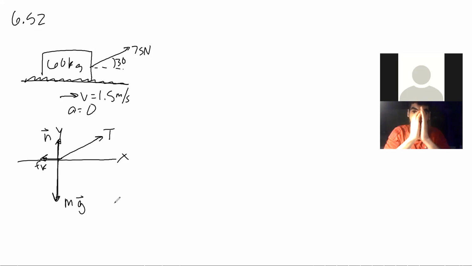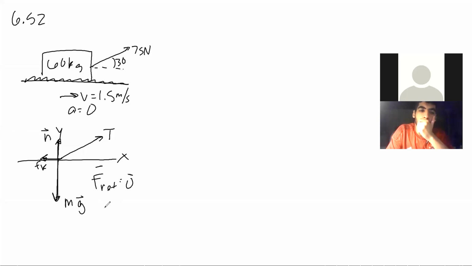And we've got that F net is 0. In the fashion of the previous examples, it's helpful to outline that out.